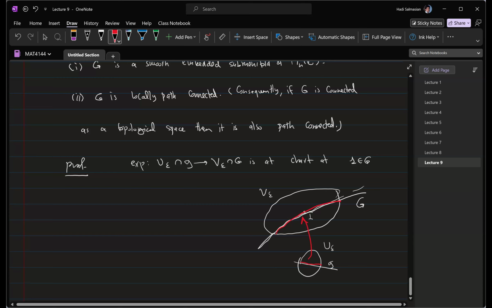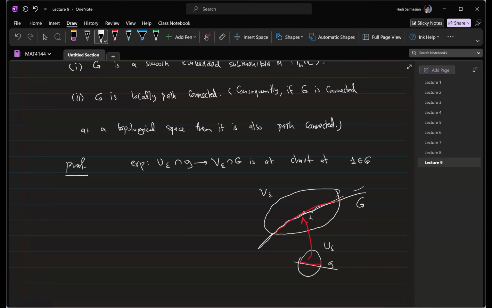But what about the other points? How do we get other points so that the interaction between the charts remains smooth? We just do the translation.